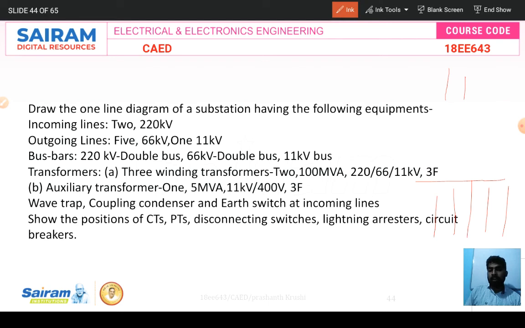Bus bar 220 kV double bus bar, 66 kV double bus, 11 kV single bus. Outgoing lines from the 11 kilovolts, and double bus bars are okay. 5 outgoing lines 66 kV, 11 kV. So this one is 66 kV, and another is 11 kV.